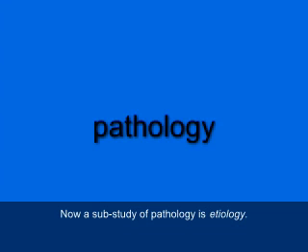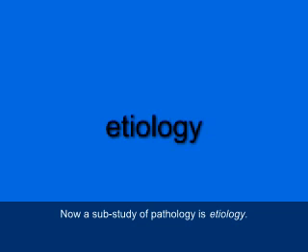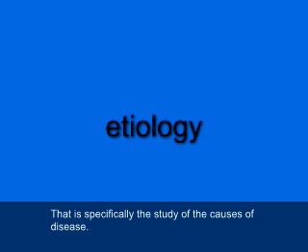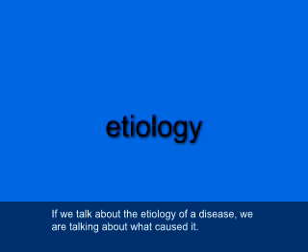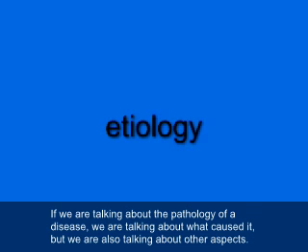Now, a sub-study of pathology is etiology, and that is specifically the study of the causes of disease. If we talk about the etiology of a disease, we're talking about what caused it. If we're talking about the pathology of the disease, we're talking about what caused it, but we're also talking about other aspects.